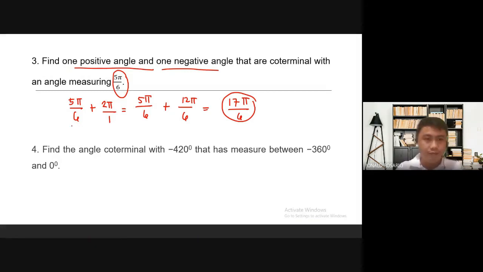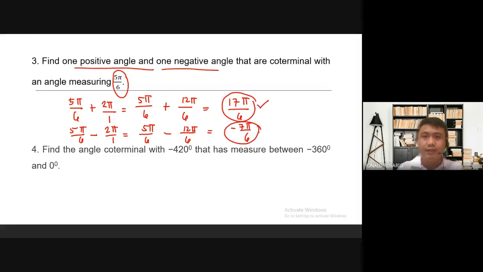How about for the negative? Mag-minus tayo, minus 2 pi naman. Over 6 ulit: 6 divided by 6 is 1 times 5 pi is 5 pi, minus 6 divided by 1 is 6 times 2 pi is 12 pi. So, 5 pi minus 12 pi is negative 7 pi over 6.